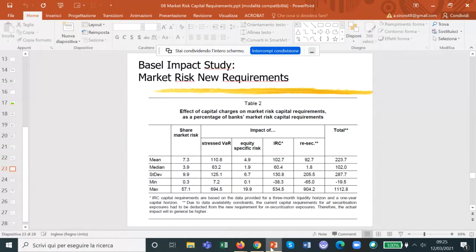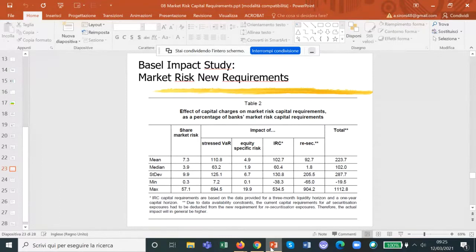What they do, they then ask each individual large international bank to basically estimate the impact of these changes to their capital requirement, okay?